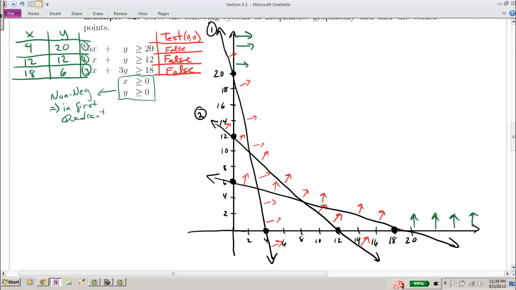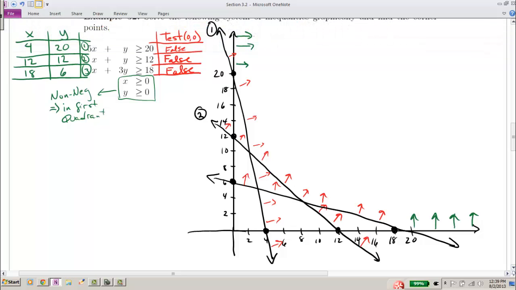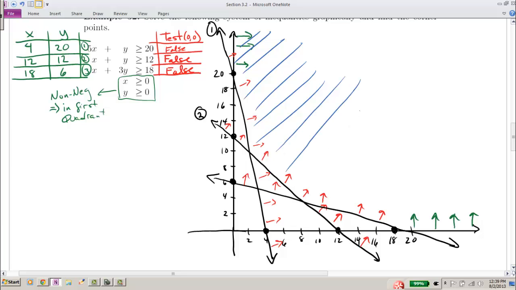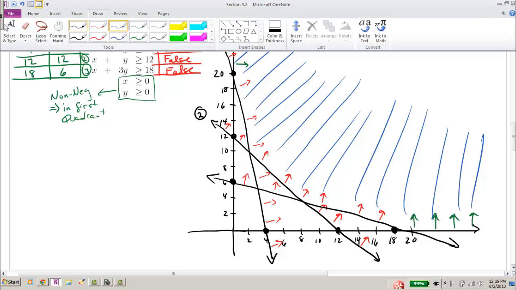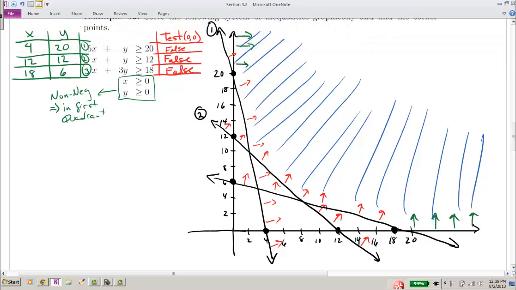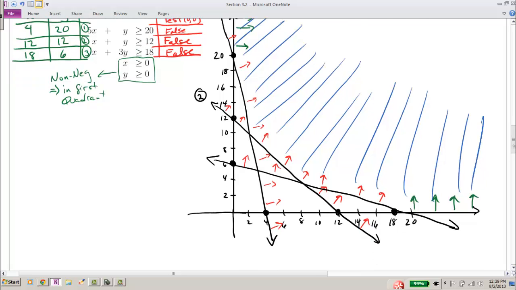And so that means that our solution region is this large unbounded region that is above all of those lines. So there's our solution region, and the only thing left to do is to find the corner points.